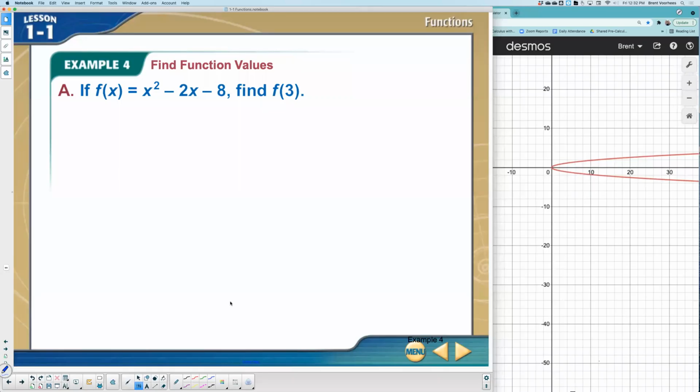All right, moving on with functions. With functions, they can do something very powerful. One of the things you can do with functions is find function value. So here it says f of x, the function f, that's what those symbols mean there. The function f equals x squared minus 2x minus 8. Well, what can we use that for in the real world?